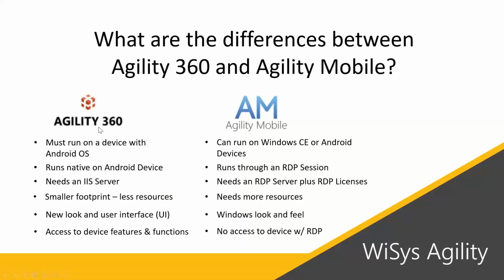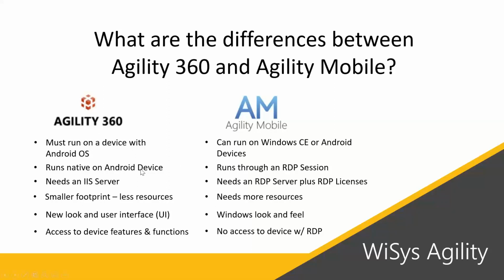As we've just talked about, Agility 360 must run on an Android device. There are no options otherwise. Agility Mobile can still run on the Windows CE platform or Android devices, but we understand that the Windows CE platform is ending, leaving the Android device as the major operating system for a handheld device today to run Wisys on.